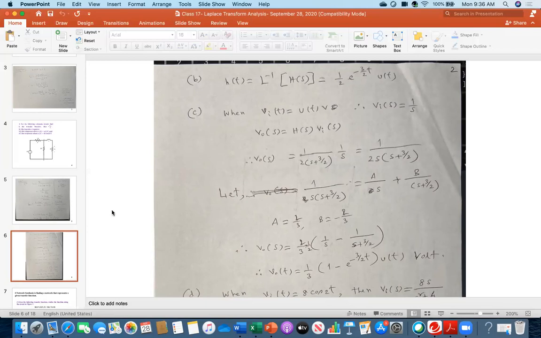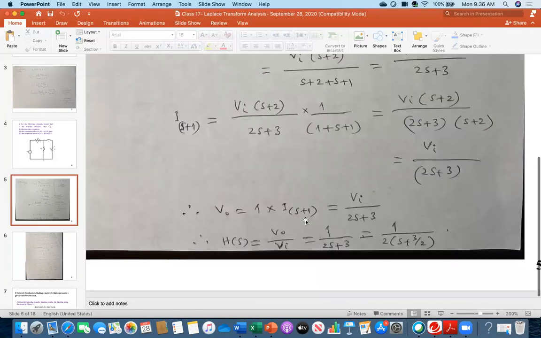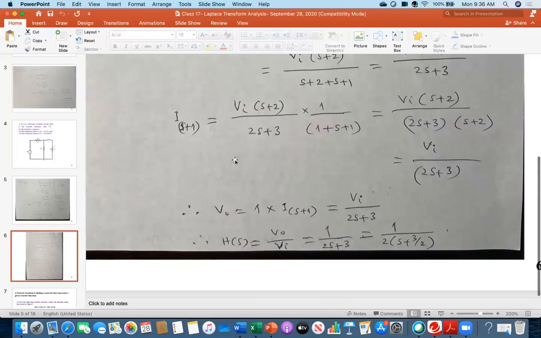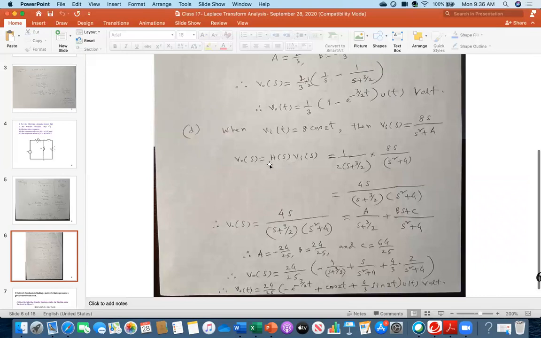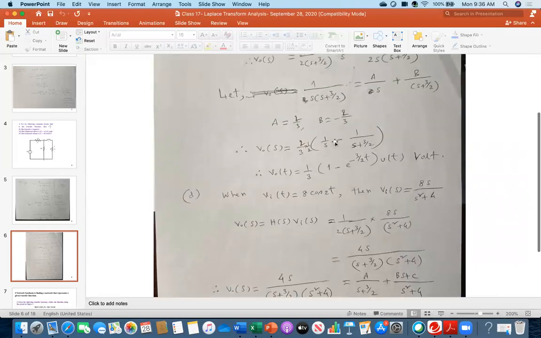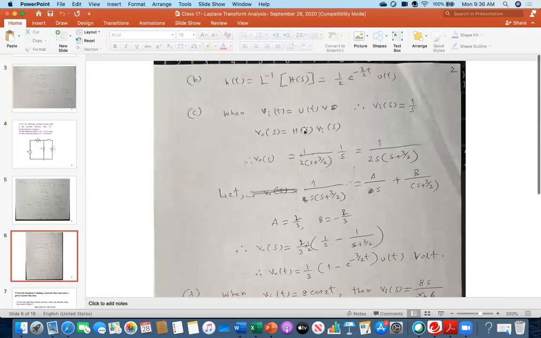That H(s) I already got at the last step here. My H(s) is this one, 1 over 2 times (s plus 3/2). So H(s) is this one, and then Vi is 1 over s, and then 1 over 2s(s plus 3/2).